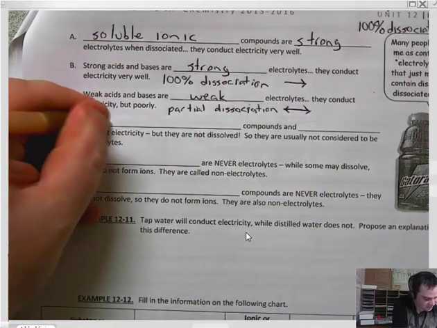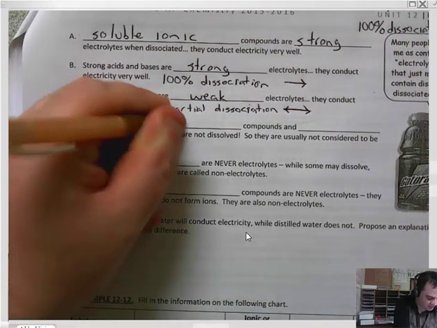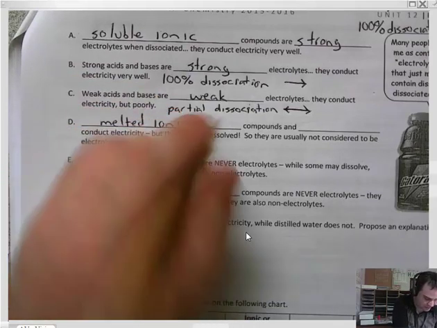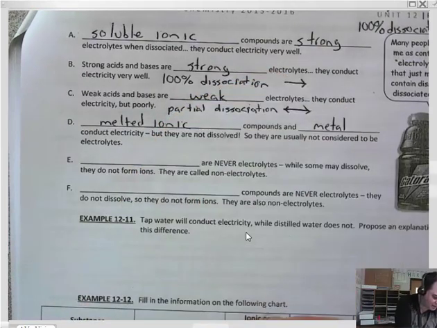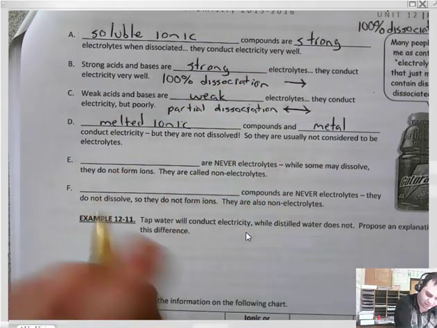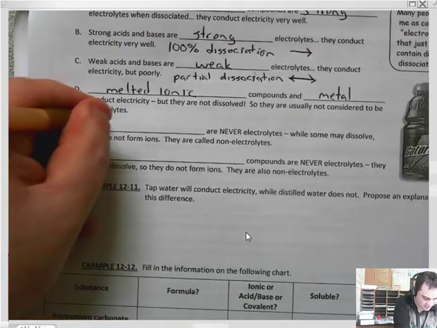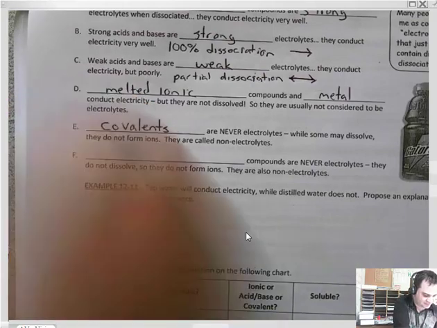Okay, melted ionic, which are ionic substances that were heated up to like 1,000 degrees to melt them. And metals, like copper for instance, do conduct electricity, but they're not dissolved, so they are not considered electrolytes technically. Covalents, nobody likes covalents. They are never electrolytes.